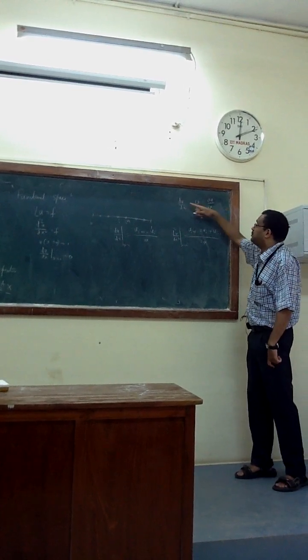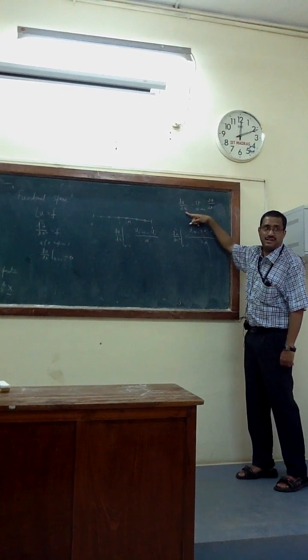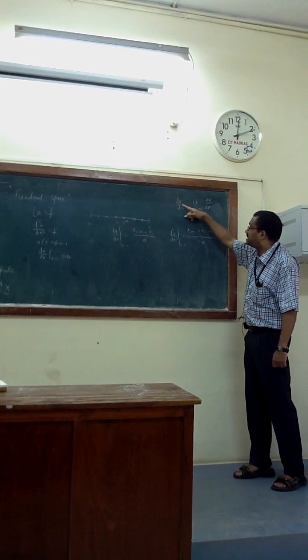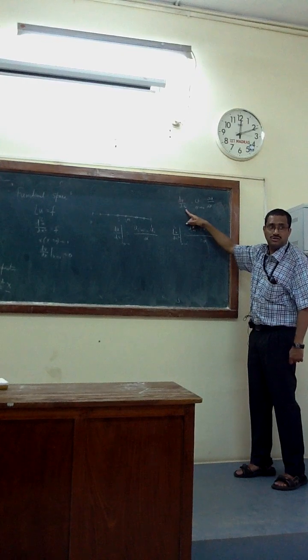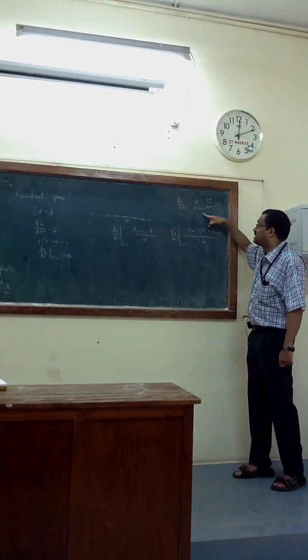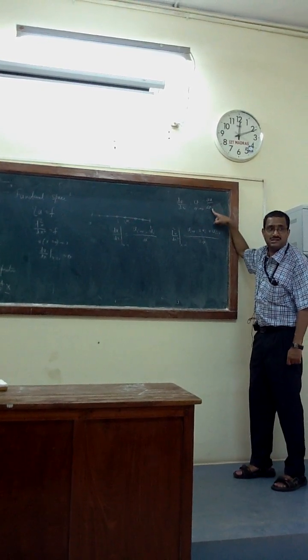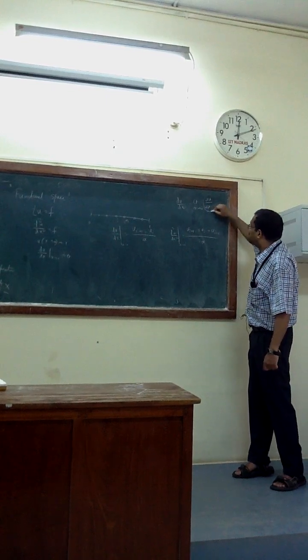In calculus, du/dx is not a division. It is called d/dx of u. d/dx means limit delta x tending to 0 of delta by delta x. But this is the algebraic expression.